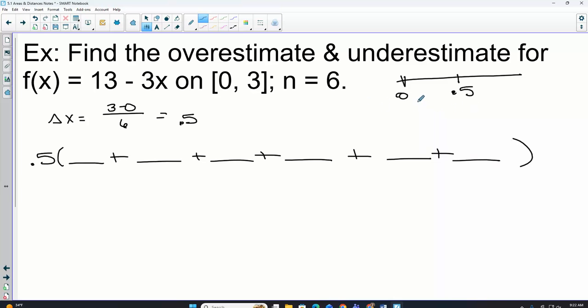I mean, we can do it either way, right? One of them will plug in 0 first, and one of them will plug in 0.5 first. It doesn't matter. If I wanted my left-hand sum, we would start with our left-hand point.